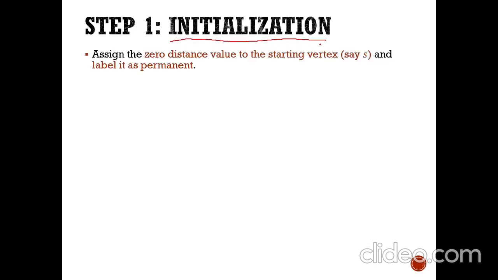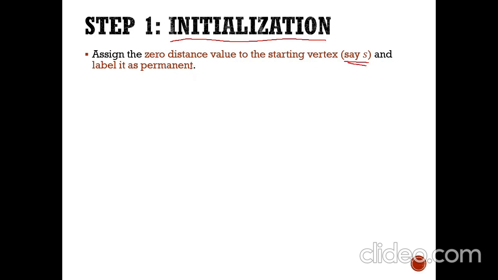So for our first step, it is called initialization. So what is this initialization? We will assign 0 distance value to the starting vertex, say S, and label it as permanent. So recall that the state of the vertex has two components.